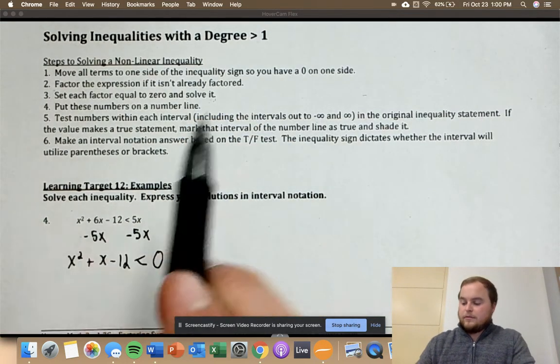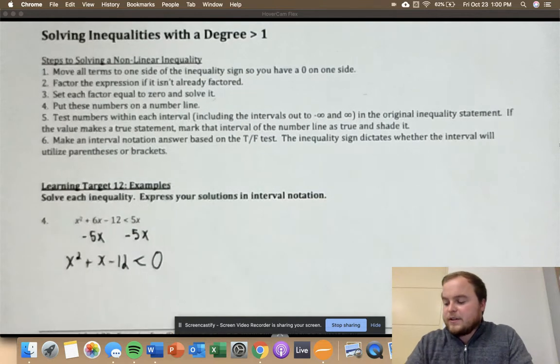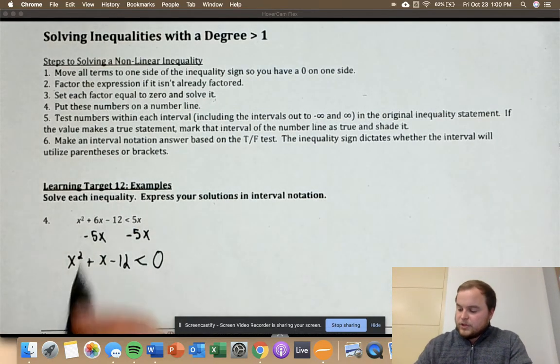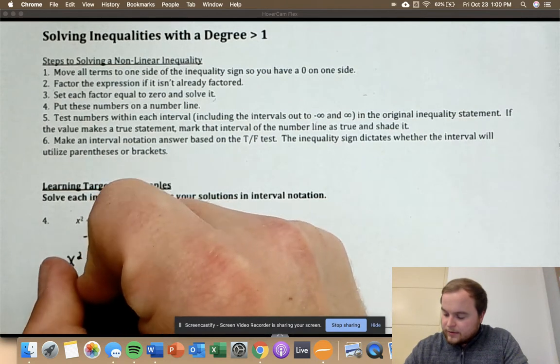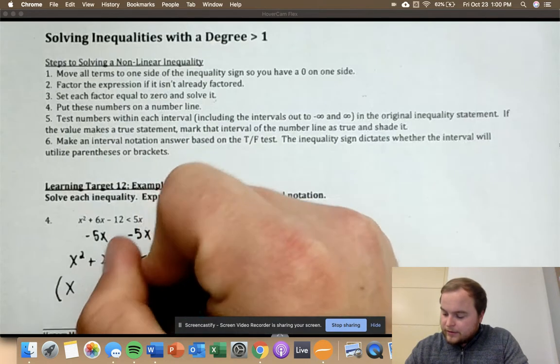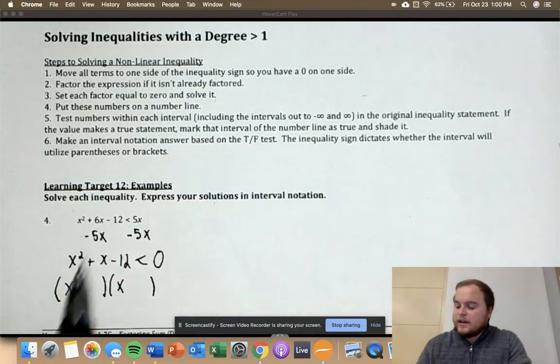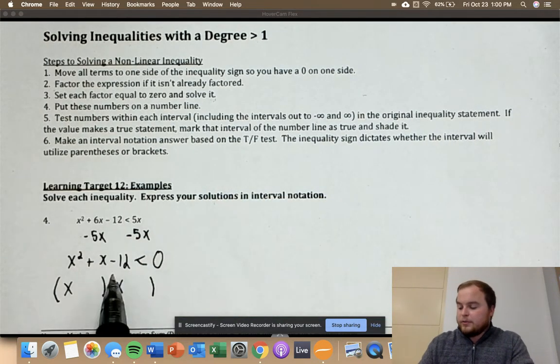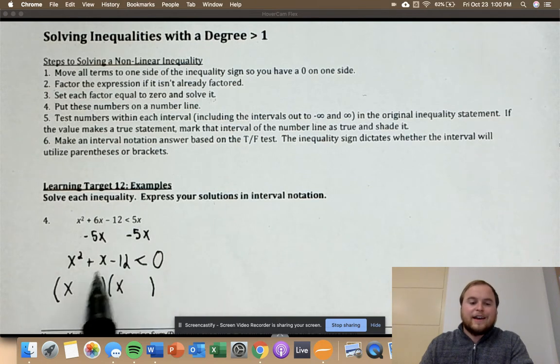Step number 2, factor the expression if it isn't already factored. So when we factor this, we know the leading terms in both of the factors are going to be x because we have this x squared in front. Then I have to think, what can I multiply to get negative 12 that's going to add up to 1?